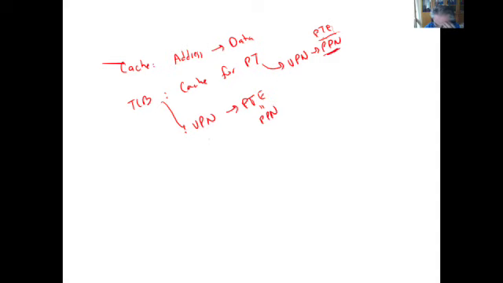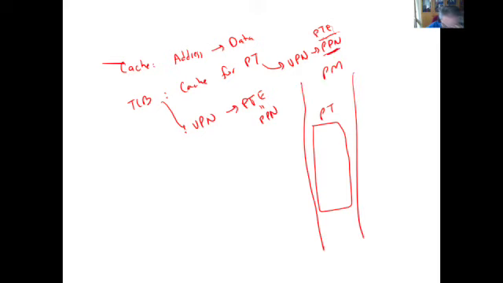Here is your page table, which is in the physical memory. And here's your CPU, and in the CPU you have this TLB cache. From this page table, which can be huge, you read out the PTE values.